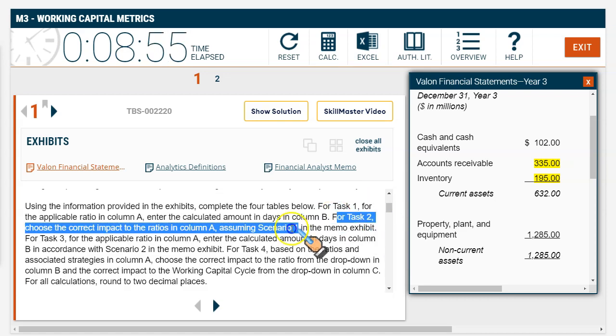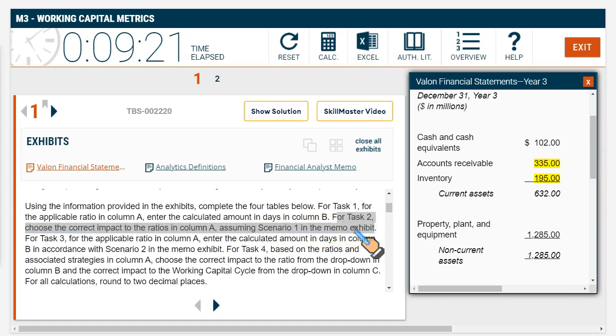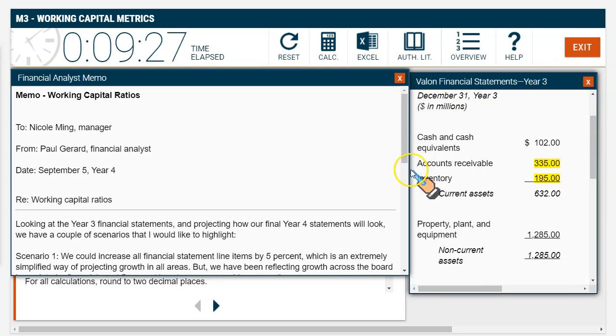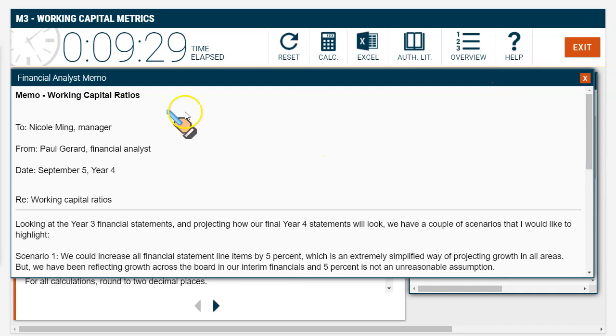So for task 2, choose the correct impact on the ratios in column A, assuming scenario 1 in the memo exhibit. So where do we have the scenario? Financial analyst memo right here. Let's read it up, and let's highlight what exactly we need to do.